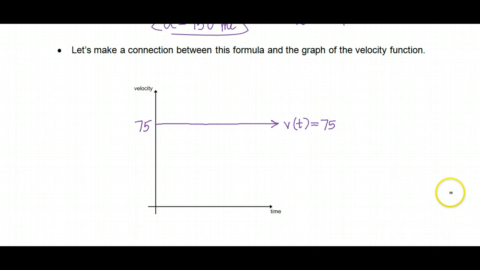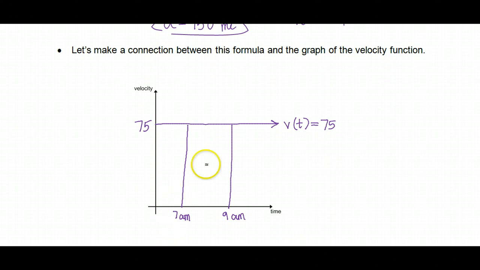When we graph a constant function, that's a y equals, it's a horizontal line. Let's say this is at 7 a.m. We don't know if it started earlier. We just want to focus from 7 to 9 a.m. So what we're really looking at is this rectangular area.